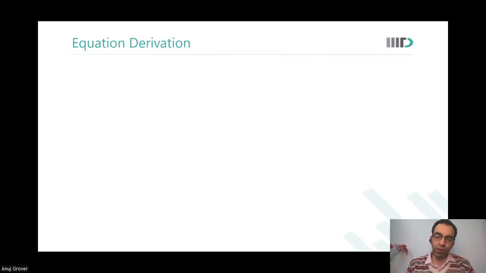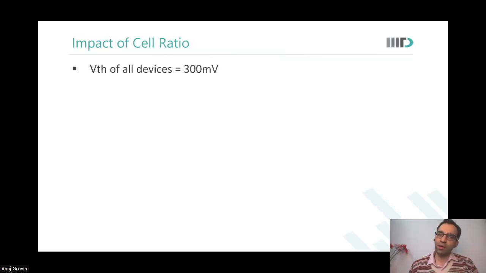What we can also do is write this equation in MATLAB and run experiments. You can run as many experiments as you like and you will get interesting results. So let me take you through a small journey of the impact of different things on the Vx value. Let us look at the impact of cell ratio first.